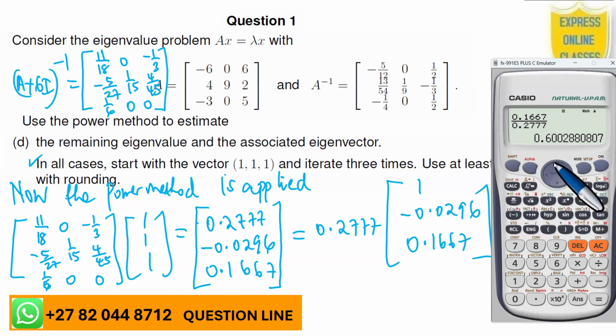So now if you divide also the minus 0.0296, you divide by 0.2777, it is minus 0.096 there.